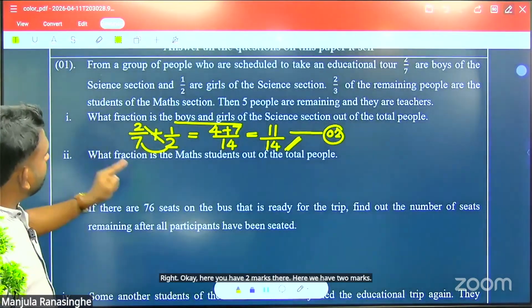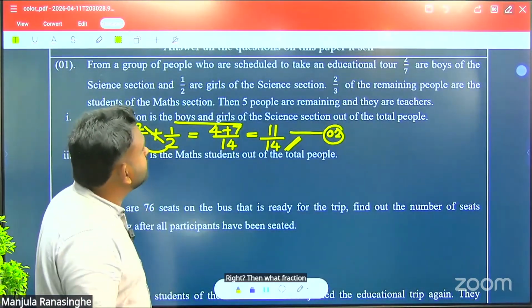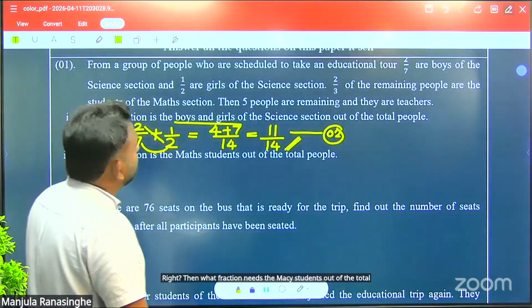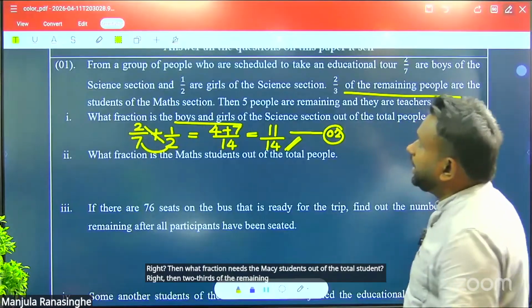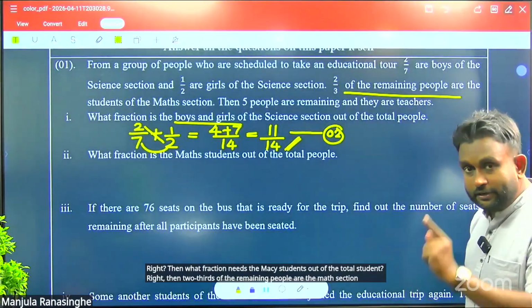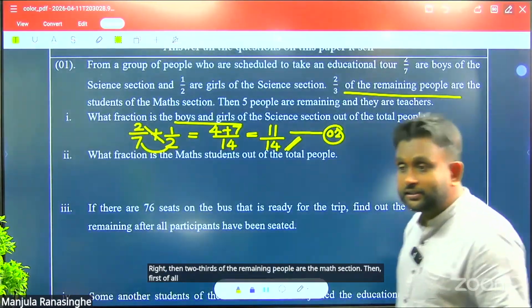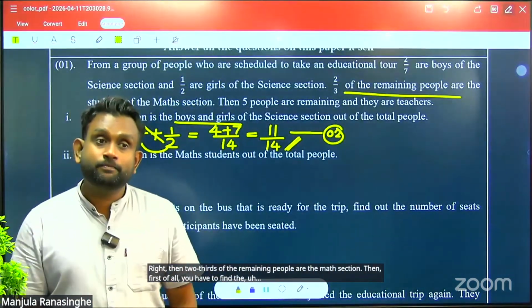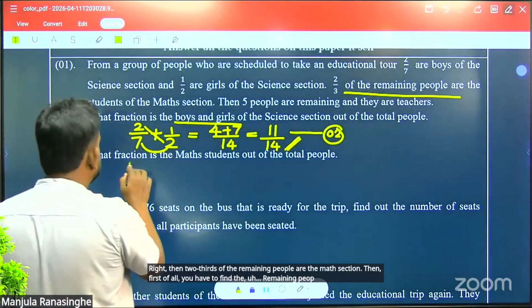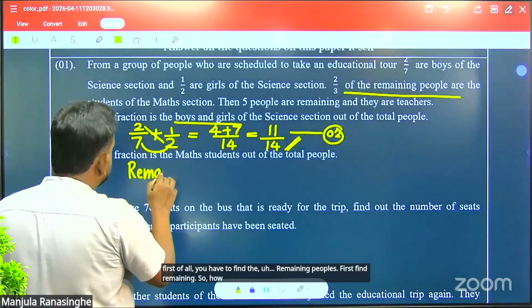Then what fraction is the math students out of the total students? 2/3 of the remaining people are the math section. First of all, you have to find the remaining people.